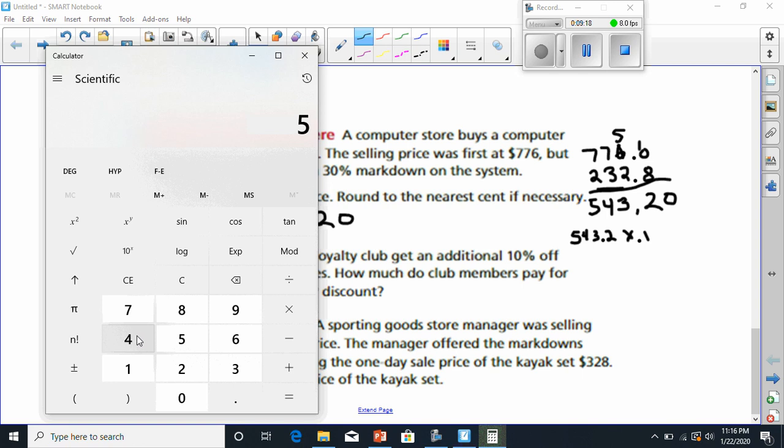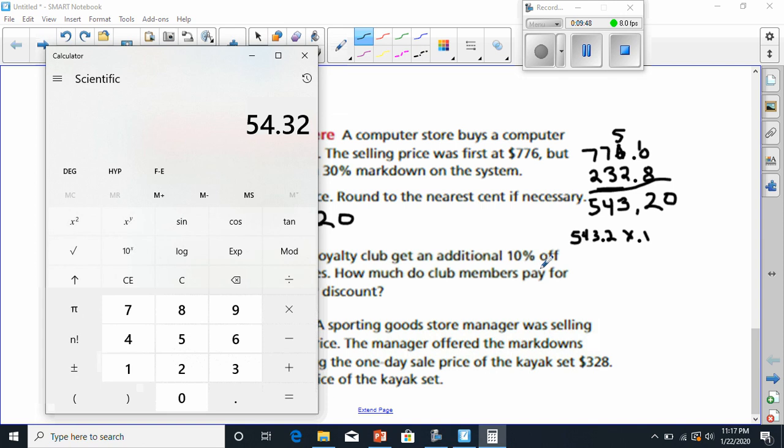5, 4, 3, 2. I think I made a mistake here. Let's try this again. 543.2 times 0.1.